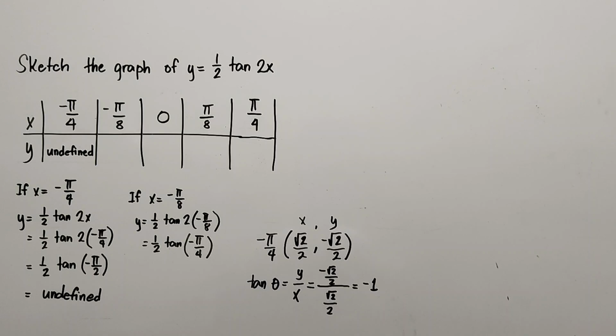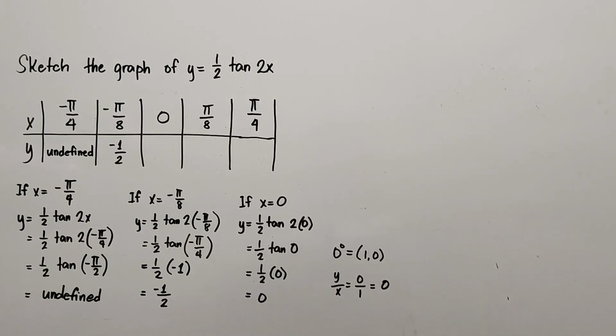By applying the ratio y over x, the y coordinate is negative square root of 2 over 2 divided by the x coordinate square root of 2 over 2. So that is negative 1. The tangent of negative pi over 4 is negative 1. So we have 1 half times negative 1, and that is equal to negative 1 half. So for x equals negative pi over 8, y is negative 1 half.